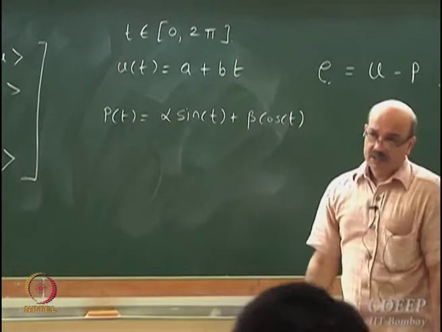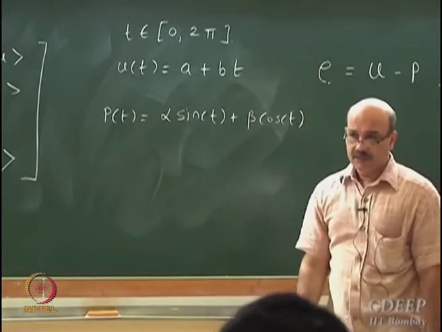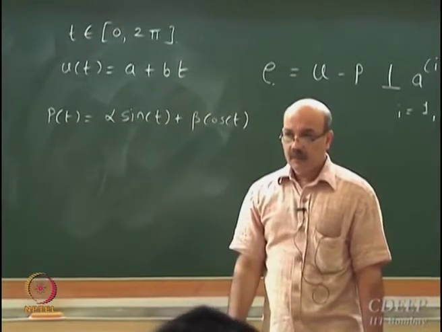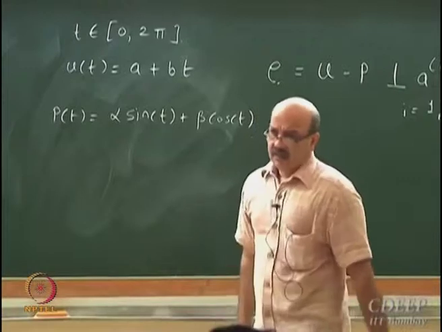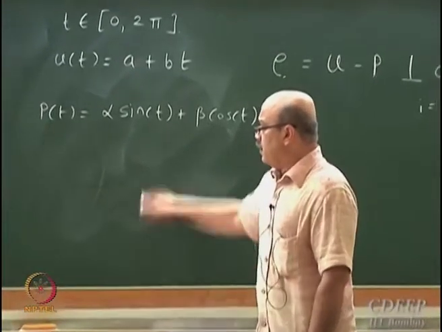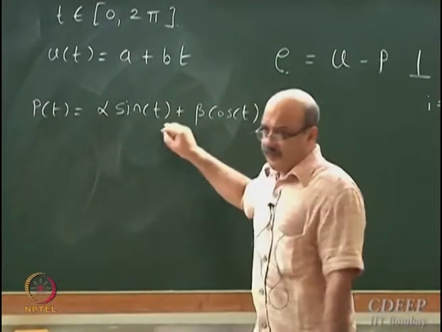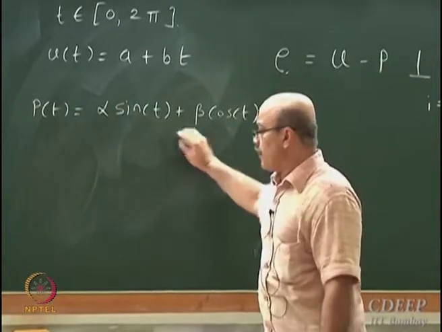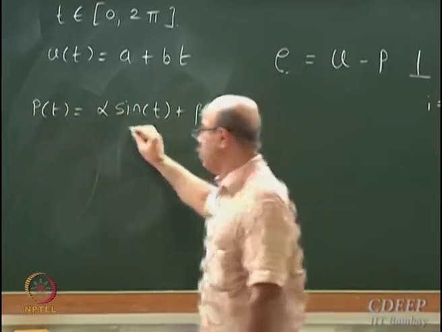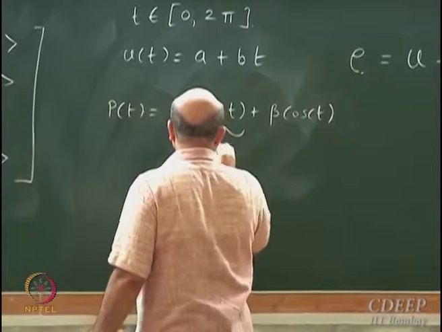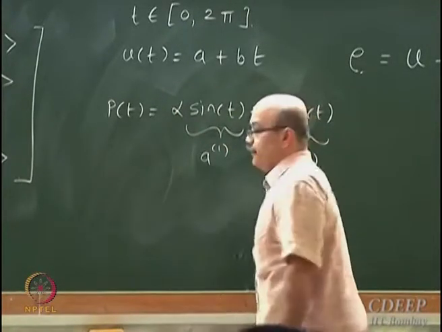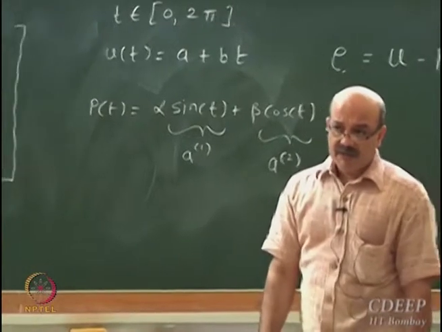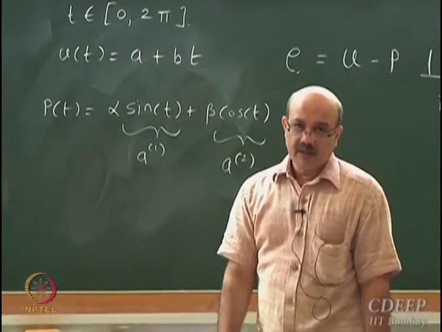For the time being, let's take only two vectors. What are the two vectors? What is a1, a2 here? This is my a1 vector, this is my a2 vector.